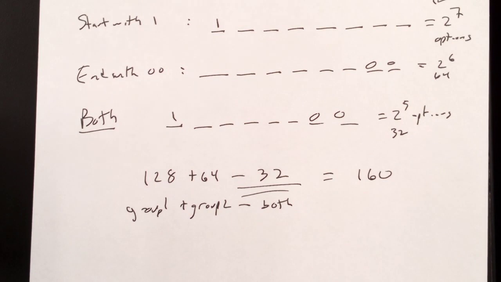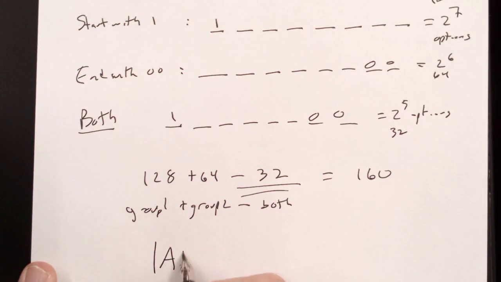Again, I've seen this before. When we were doing sets, now the Venn diagram has an overlap, right? We counted the stuff in one, we counted the stuff in the other, and then we counted the intersection and removed it. We even wrote it as a rule.